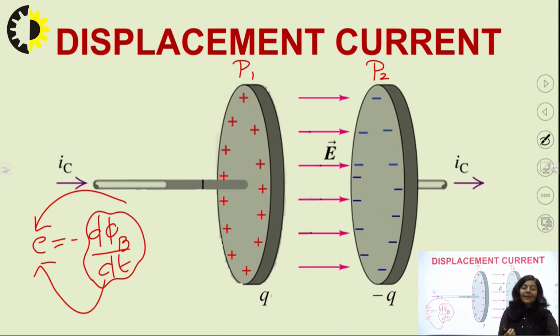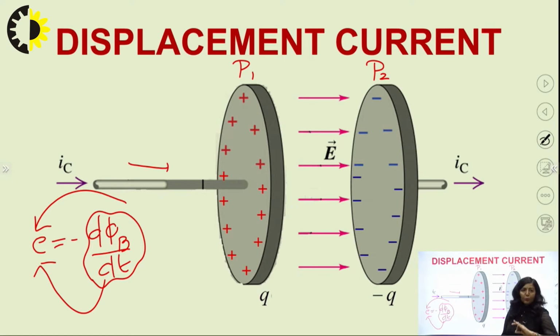That time varying electric field is giving us a magnetic field, and whenever we have a magnetic field, we can correlate it with current. So we can say in the connecting wires, you have ordinary conduction current, and between these two plates, where there is no actual flow of charge, we have displacement current.